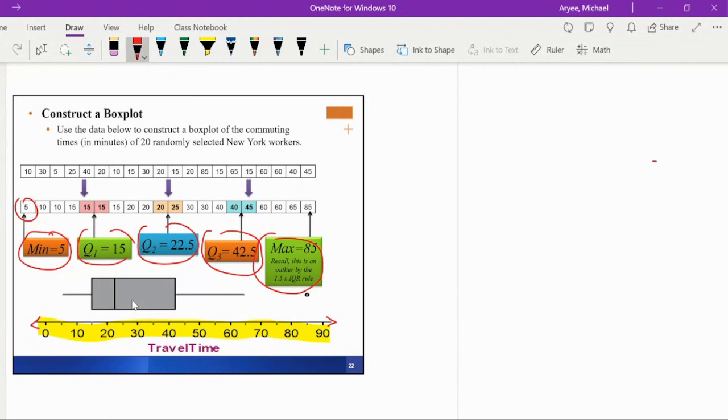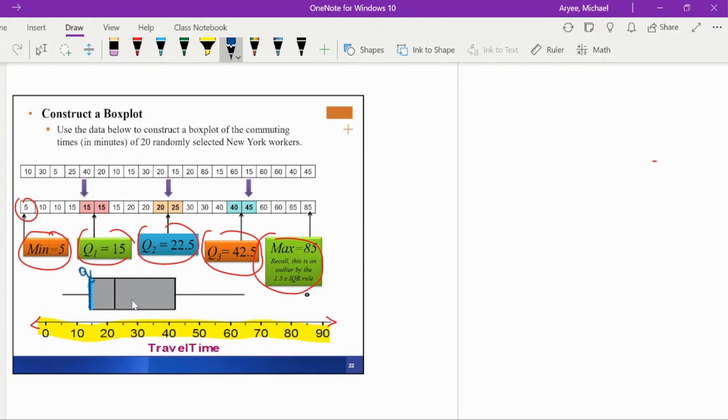First, draw a line for Q1. You come to Q1 and draw a line like the line that I'm making here, and then you could write Q1 on top.